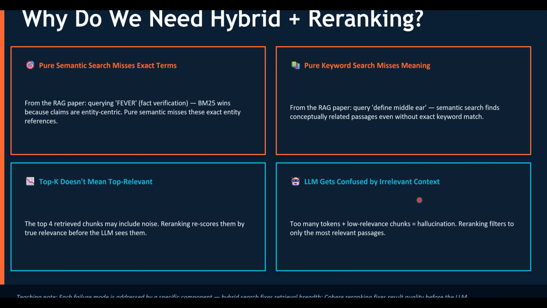The result is a re-ranked list where the most relevant document rises to the top with a very high relevance score. In this demo, we will see a top relevance score of somewhere around 0.38 from Cohere Reranking version 3.5 on the demo query.